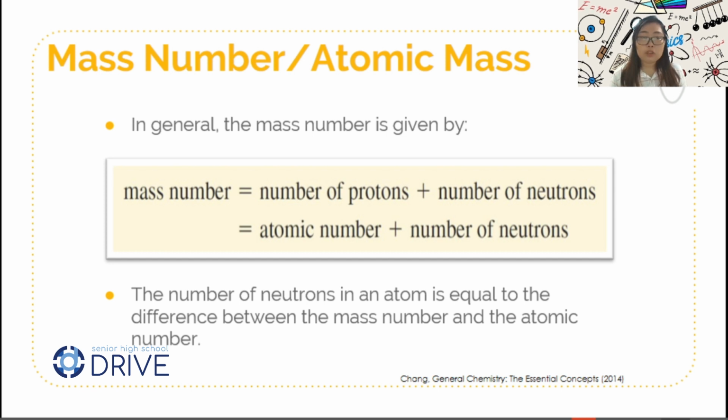So if we go back to our example a while ago, which is helium, the mass number of helium is 4. So to get the number of neutrons of helium, we have to subtract 2, which is the atomic number of helium, from the mass number of helium, which is 4. So 4 minus 2, that is 2. Okay? Meaning, helium has 2 neutrons.